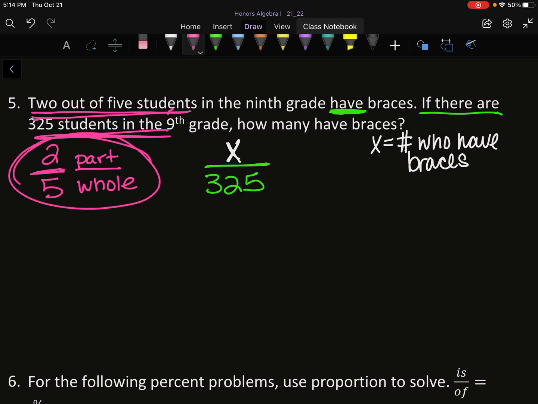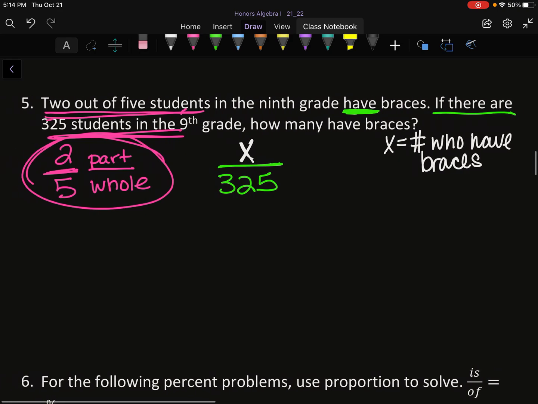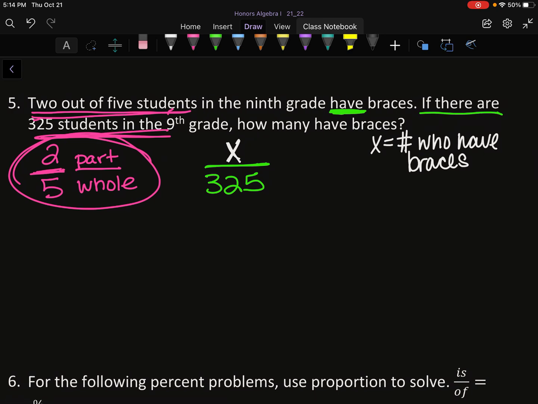I set this x over 325 because it says there are 325 students in the 9th grade. So that's the whole, as I said. And then the part is how many would have braces. So 2 out of 5 people have braces. So how many out of 325 have braces?